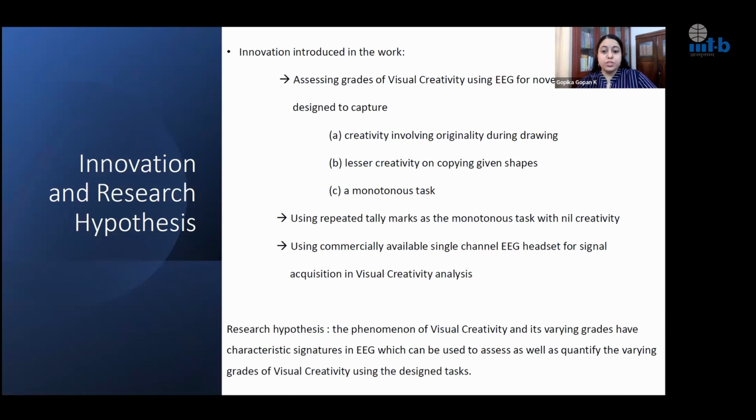We have introduced a new monotonous task here, that is repeated tally marks, and we also use a commercially available single channel EEG headset for analysis of visual creativity. So the hypothesis we are basing this on is that the EEG contains characteristic signatures pertaining to the phenomenon of visual creativity, and we can exploit this to quantify and assess the varying grades of creativity with the design task.